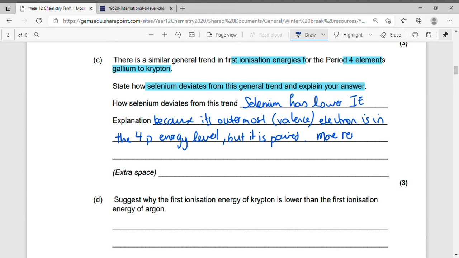More repulsion, easier to remove, less energy required.